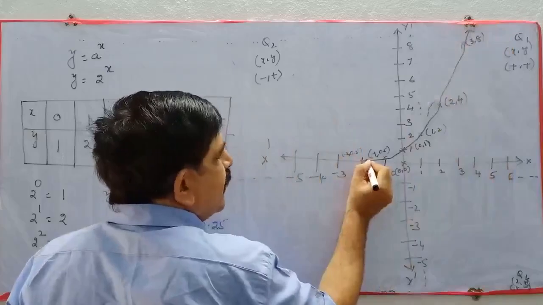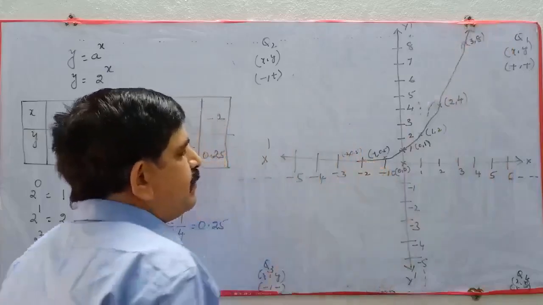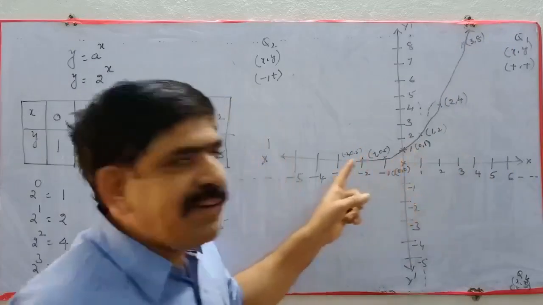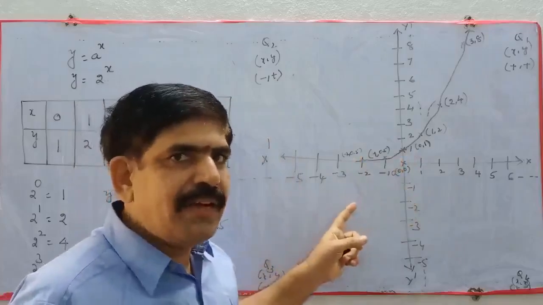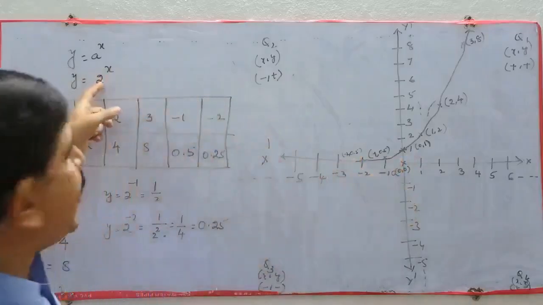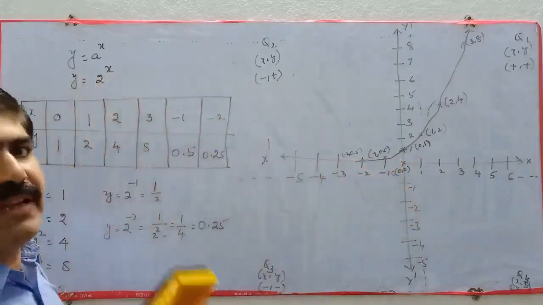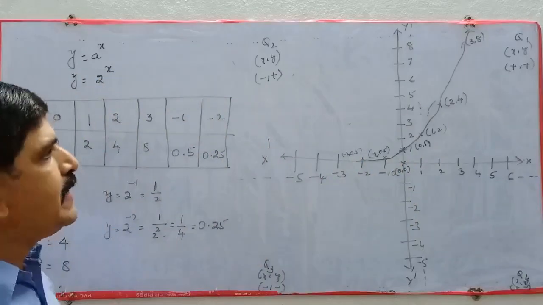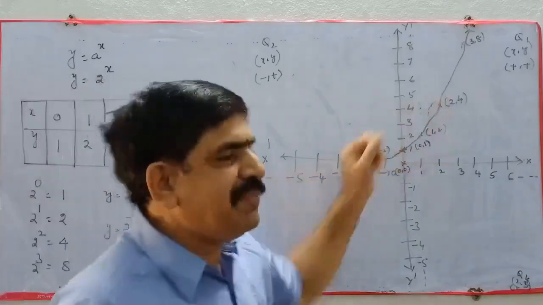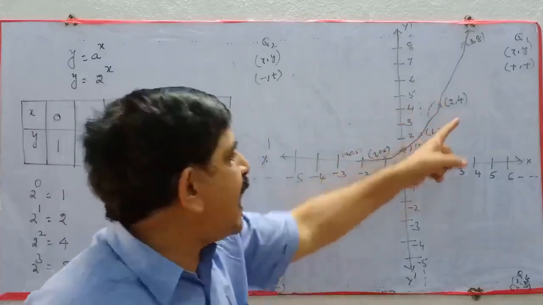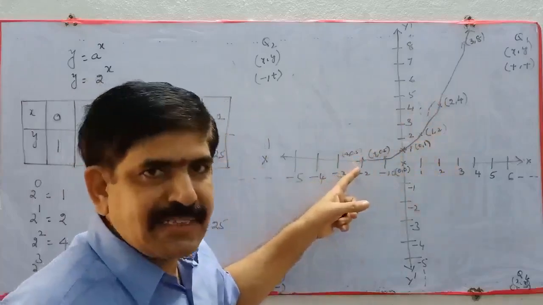Okay, and next, it goes like this, but this graph never touches the x-axis. So y is equal to 2 power x, or y is equal to 4 power x, or y is equal to 8 power x, and so on. So different values of x and different values of y. The graph never touches the x-axis.